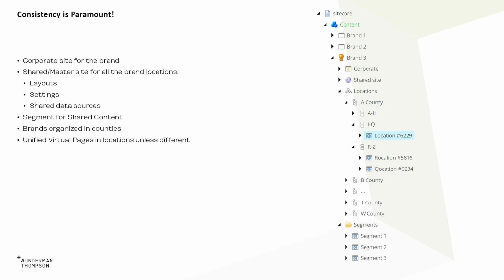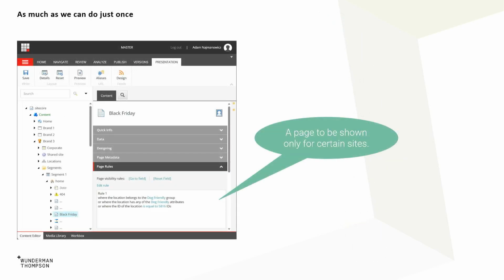What's important about them is that this is our cattle. These are websites that need to be created very rapidly, and they need to share a lot of content, a lot of layouts, and they can be divided into segments. And segments are basically where most of the editing needs to happen.